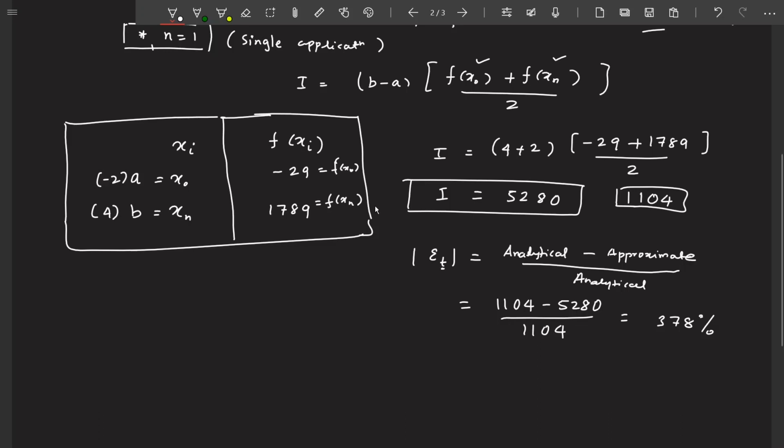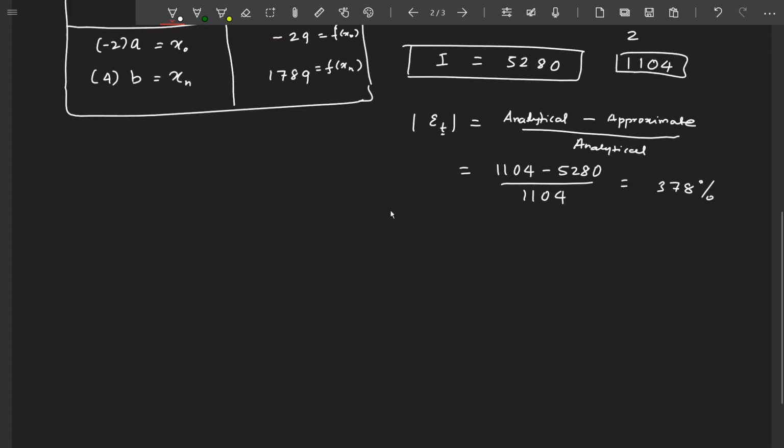378%. So obviously, whatever technique or method you apply, the value that you get should be close to the analytical value. And you can see here, just by applying one segment, a single application of the Trapezoidal Rule, the percentage error is 378, which is huge.